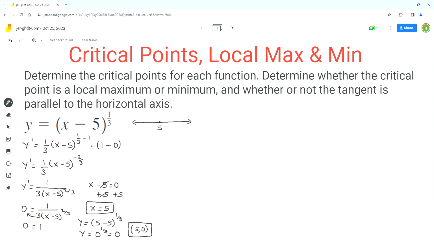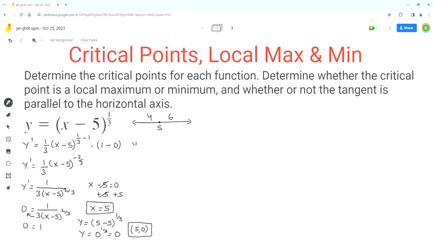So we'll use a test value from each side. For the left side of x equals 5, we can use the test value 4, and for the right side we can use 6. So now we'll sub in these test values in the y prime equation.